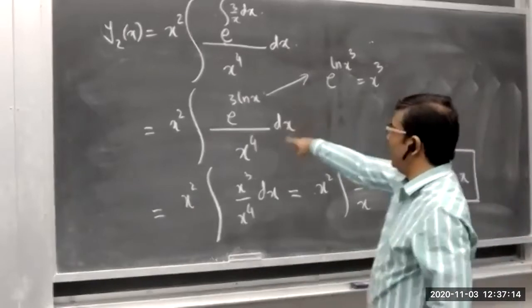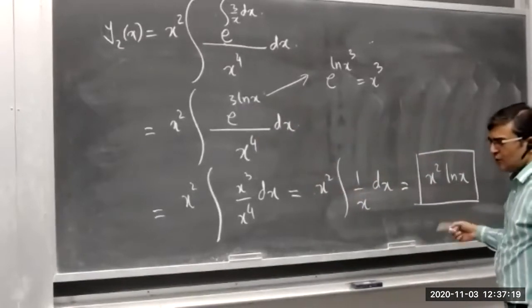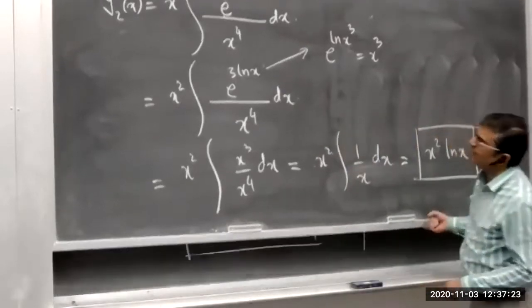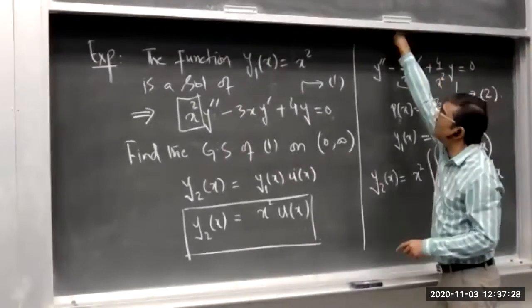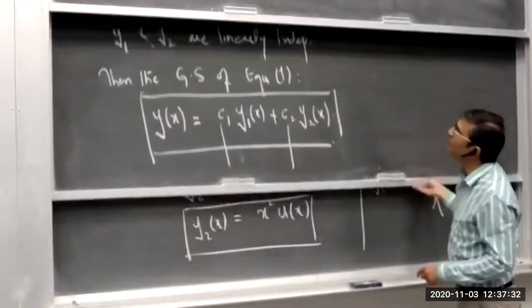While integrating here, I did not add any integration constant. Why? Because ultimately we have to choose those constants. C2 is equal to, like we chose previously here. I have erased that thing.